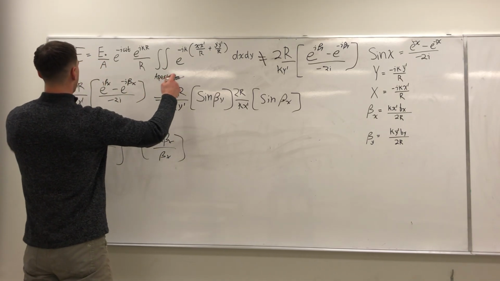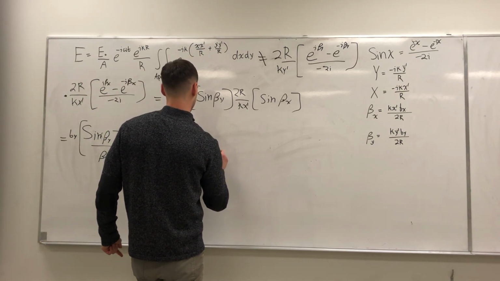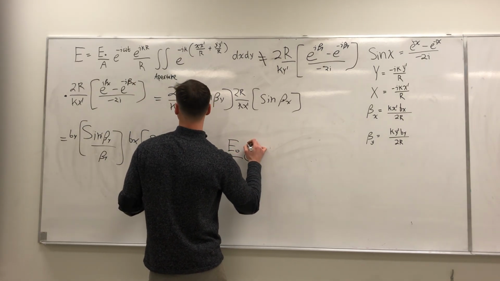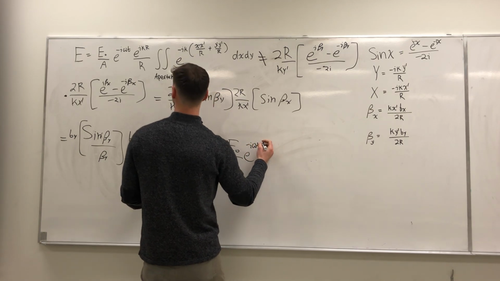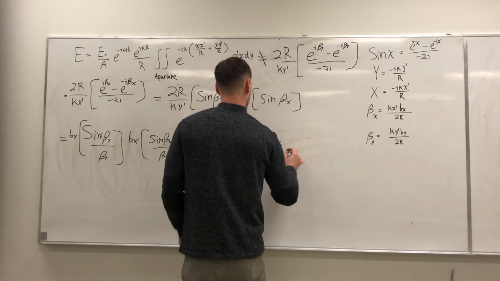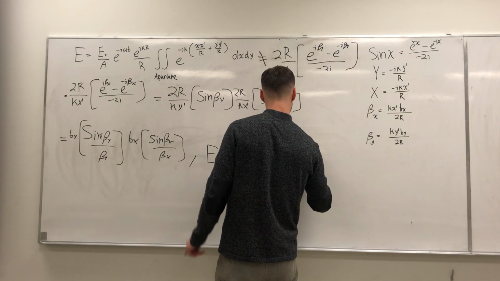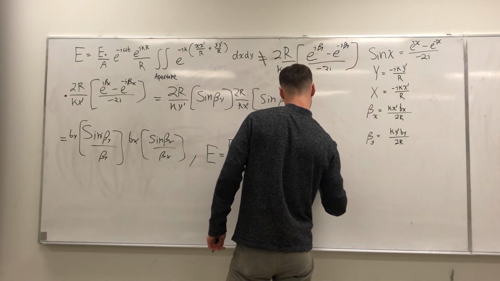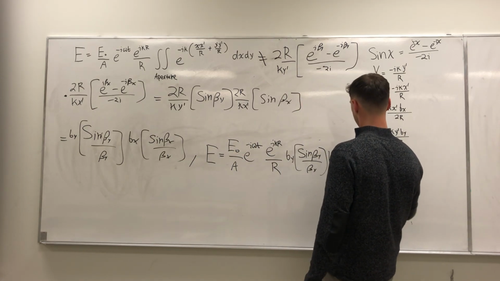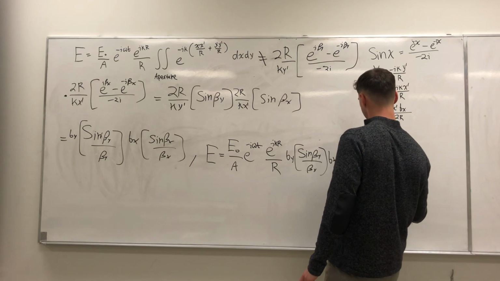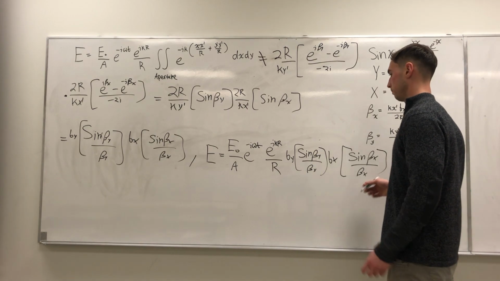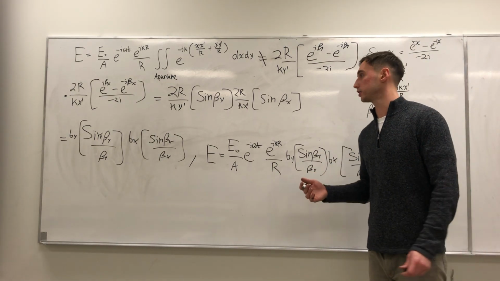However, now this whole thing, E is going to equal E naught over A, e to the minus i omega t, e to the i k r over r, times by sine beta y over beta y, bx sine beta x over beta x. And this is the final expression for the Fraunhofer diffraction expression.